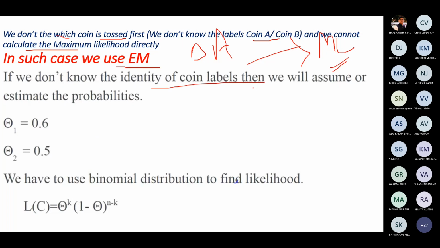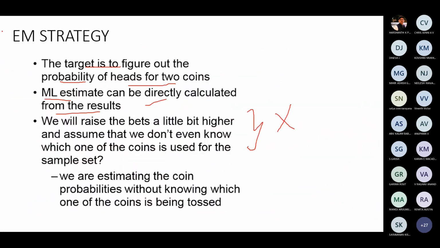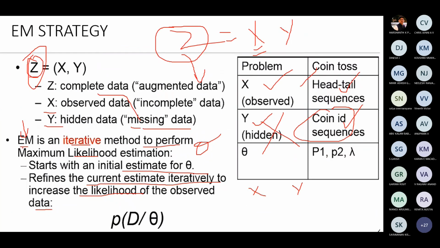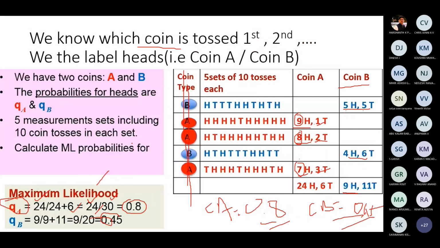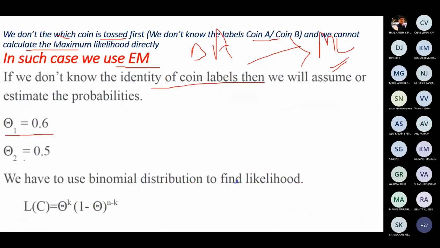So what does the algorithm say? Start with an initial prediction or probability, a random guess. Start with an initial estimation of the theta values. I am starting with initial estimates of theta 1, coin A, and theta 2, coin B, as 0.6 and 0.5.